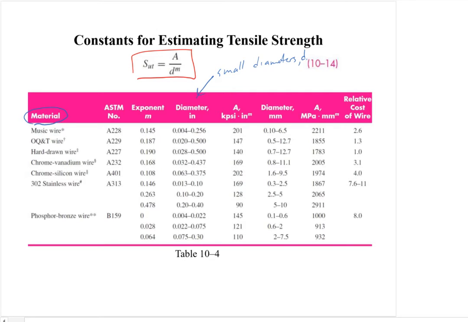And you can get M. Here's M, and here's A in 2 different units. And as you can see, the relative cost here, hard drawn is the cheapest, and then it gets more expensive from there, as I mentioned in the previous slide. But this is a good estimate of your tensile strength for these small diameter wires.